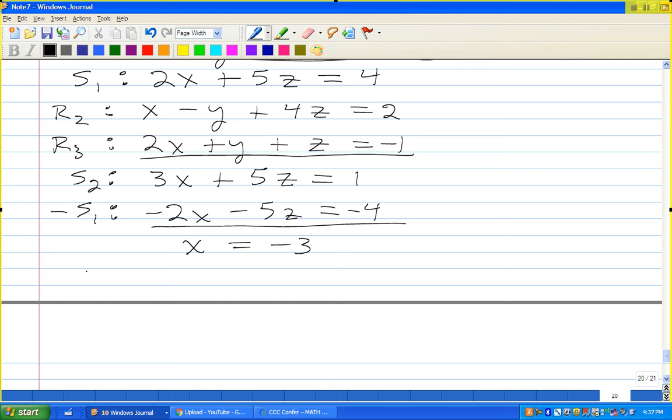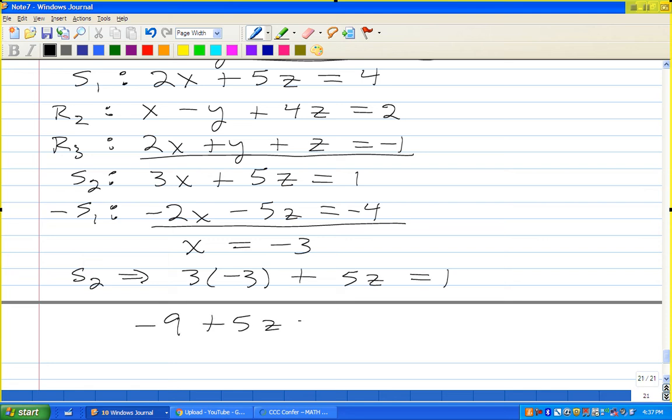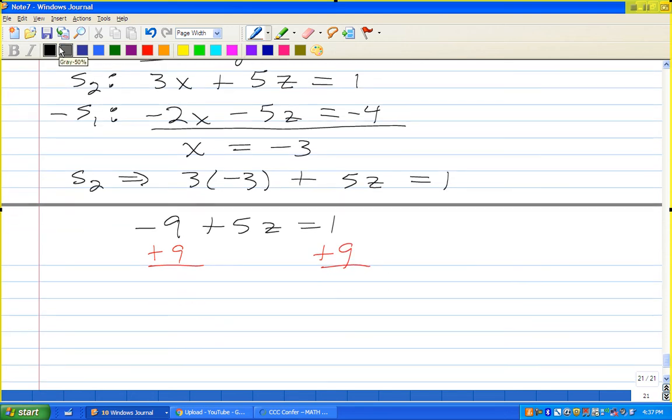So let's use S2. I have 3x plus 5z equals 1. So negative 9 plus 5z is 1. Add 9 to both sides of my equation. So I get that 5z equals 10. Divide by 5. So z equals 2.